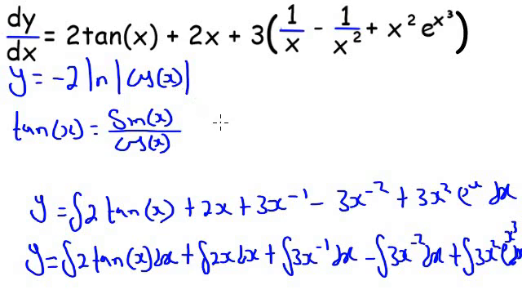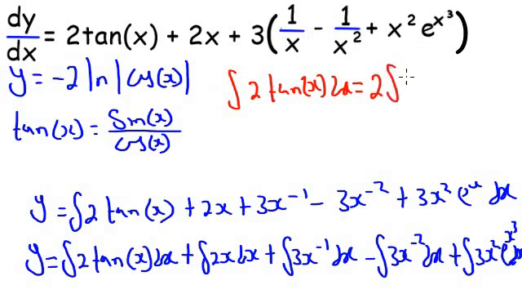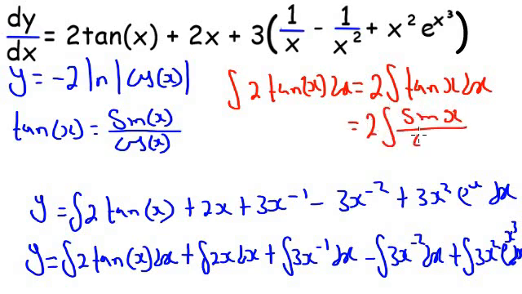So now we have the integral of 2 tan x dx. If we take the 2 to the front of the integral symbol, then we have 2 times the integral of tan x dx. Now we said tan x is this, so definitely this will be equal to the integral of sine x over cosine x dx.